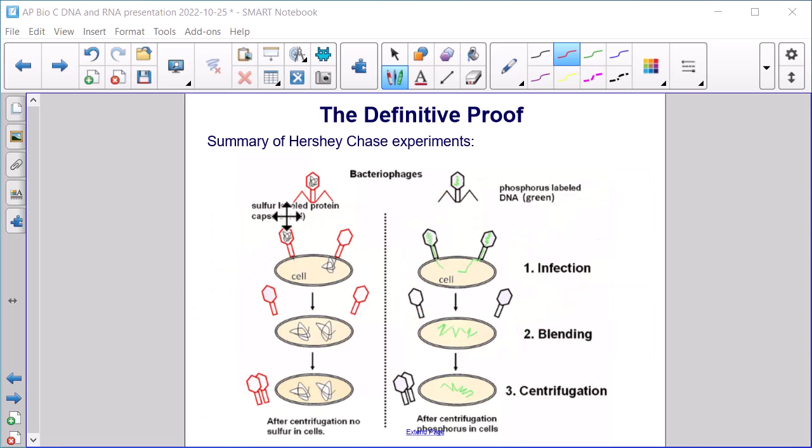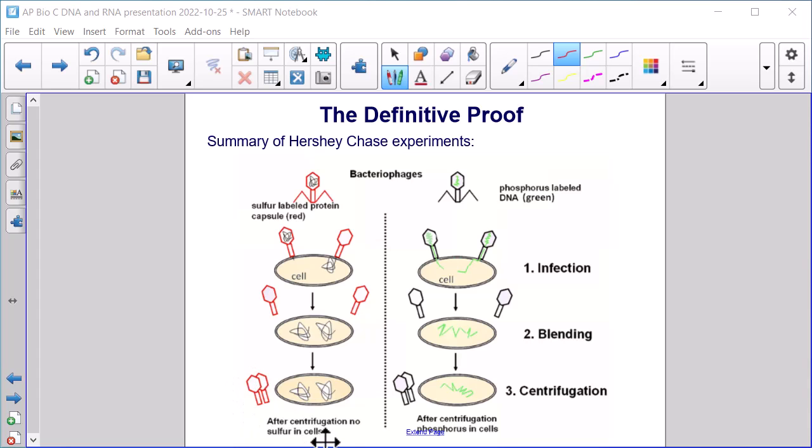So here's virus A, where in red the sulfur is labeled, and this is the protein outer shell of this bacteriophage. It's allowed to infect the bacteria, and then through blending and centrifugation, we isolate the bacteria from the bacteriophage.